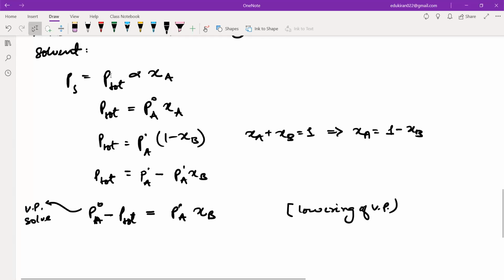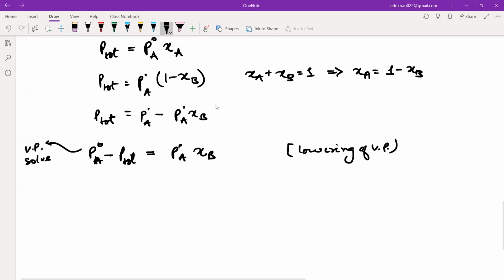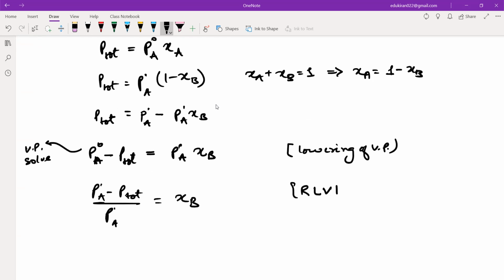Now, when I divide this by P naught A, it is telling me per P naught A how much it is lowered, and which will be equal to chi B, and this is known as relative lowering of vapor pressure. That is why it is known as relative lowering of vapor pressure.